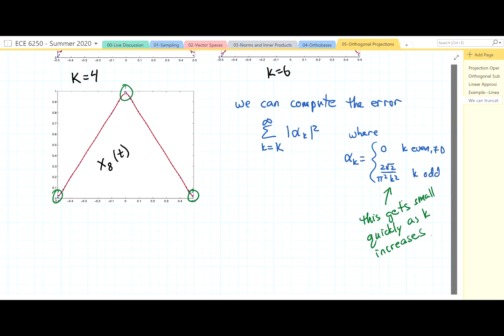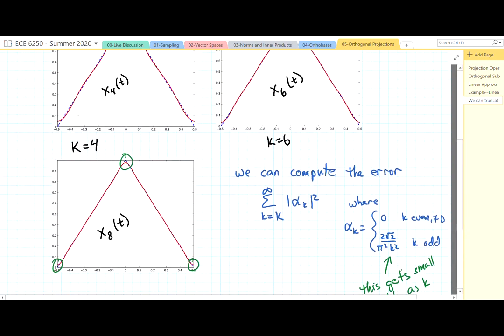So in the error, in fact, I'm going to put the error here as the last thing. The error for this one, x minus x4 squared, so error squared is going to be 1.9 times 10 to the minus 4, and e squared is 6.0 times 10 to the minus 5 on this one, and e squared on this one is 2.6 times 10 to the minus 5.